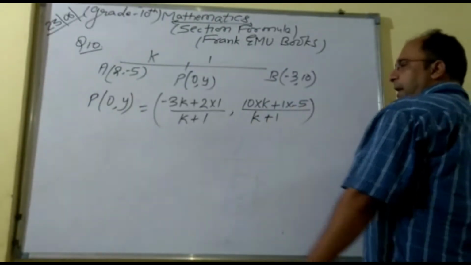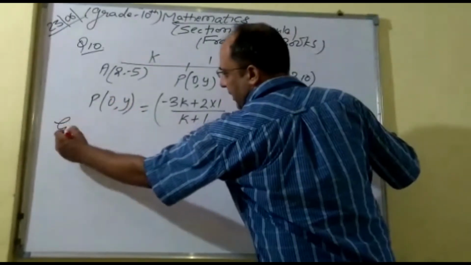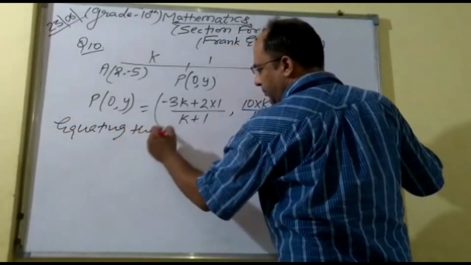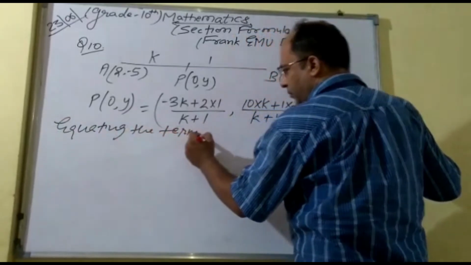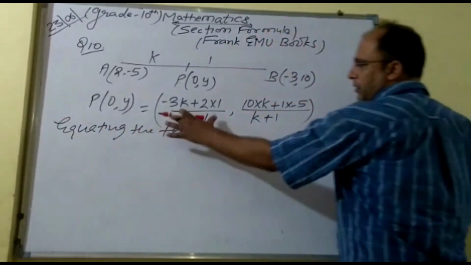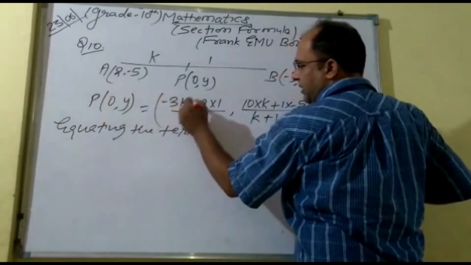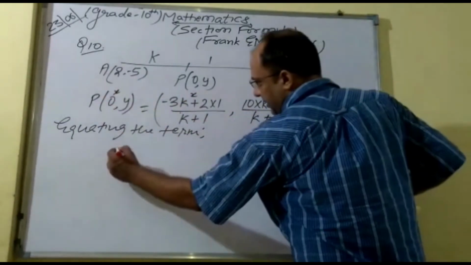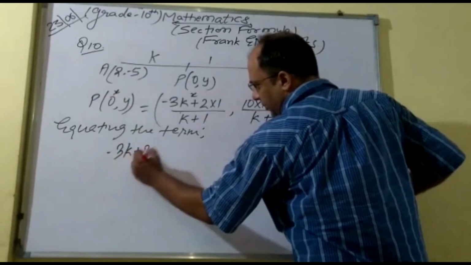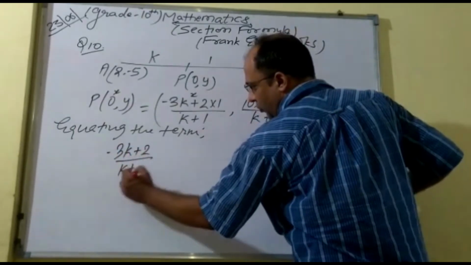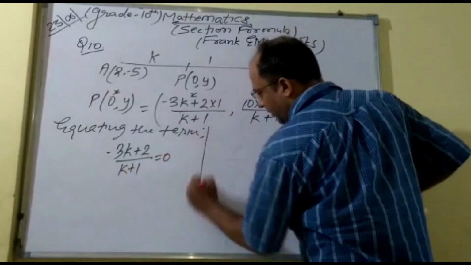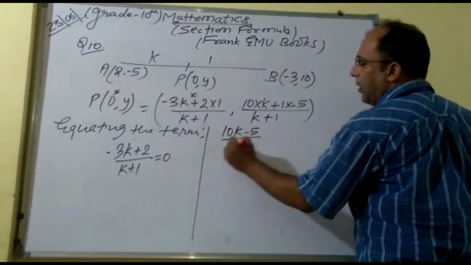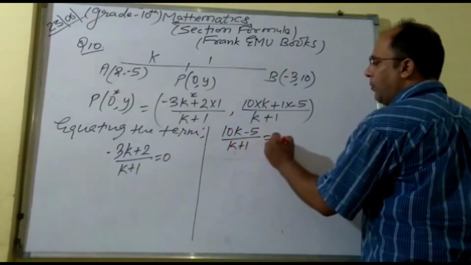Now again equating the term, you must write equating the term. This is equal to 0 because this is the value of x and here x equal to 0. So minus 3k plus 2 upon k plus 1 equal to 0.